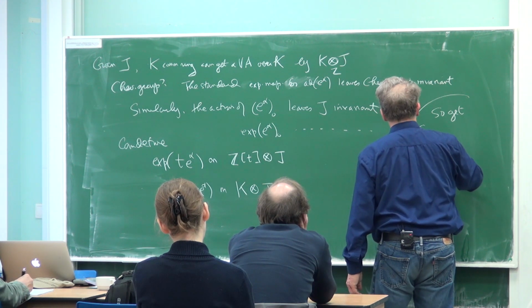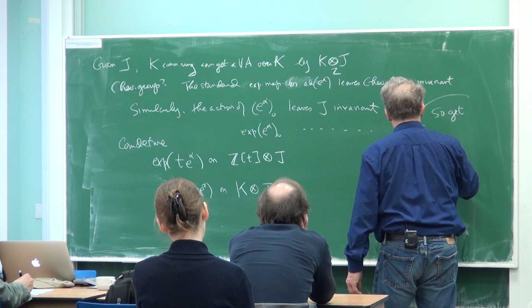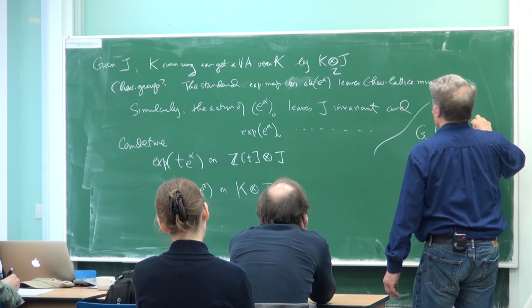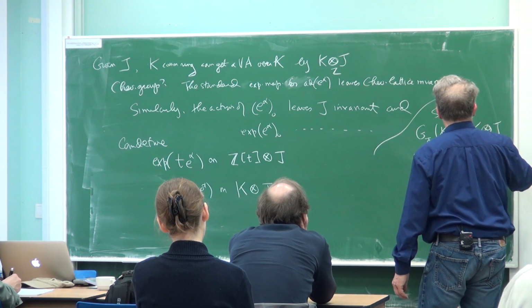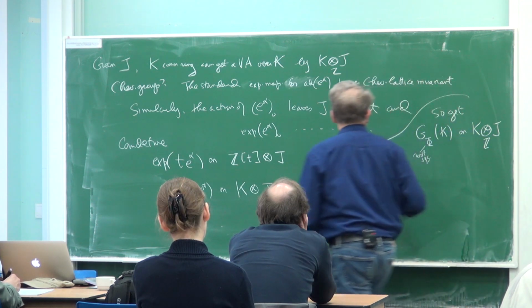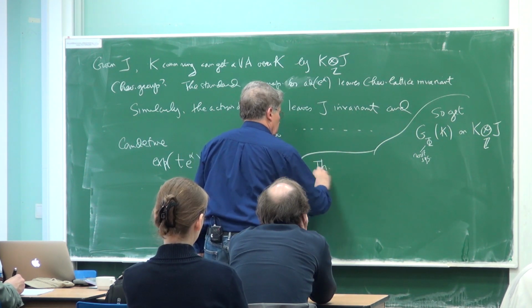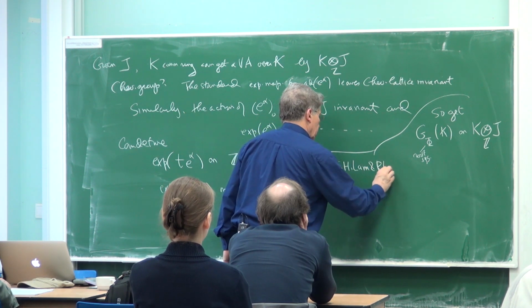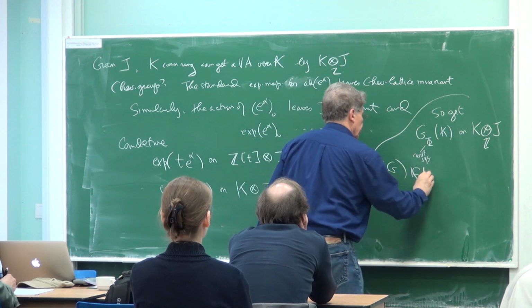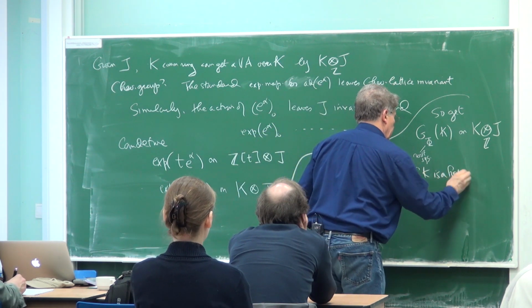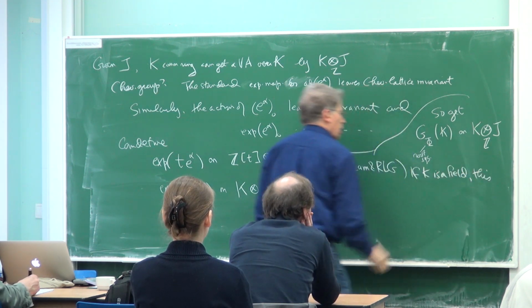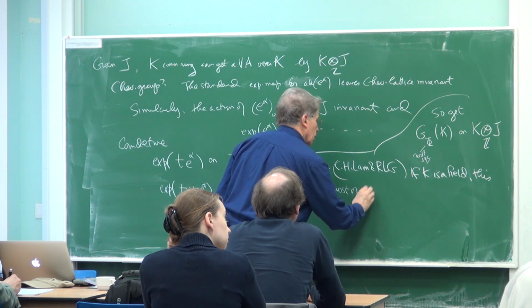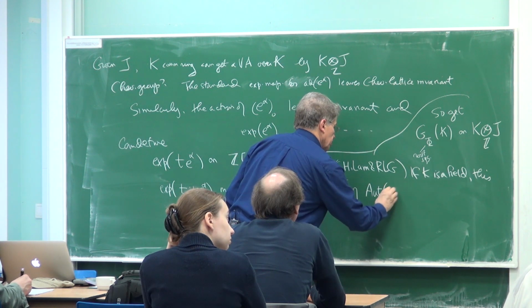If phi is the root system on K tensor J, and the theorem of Ching-Hung Lam and myself is: if K is a field, this is most of the automorphism group of this vertex algebra.